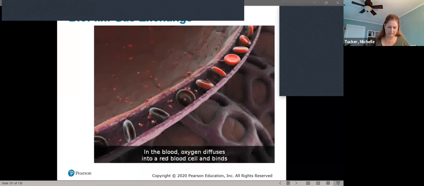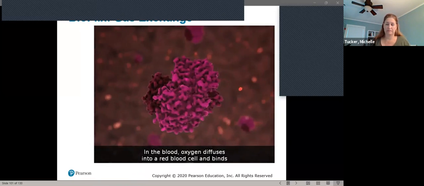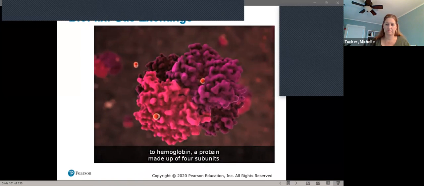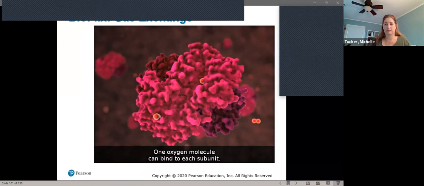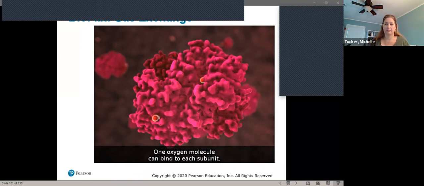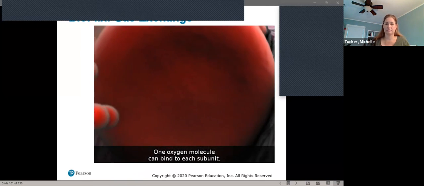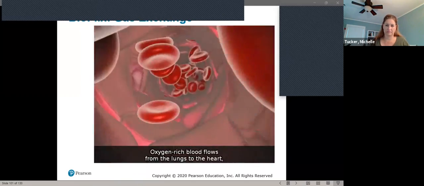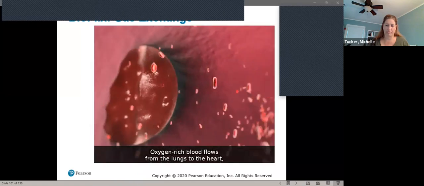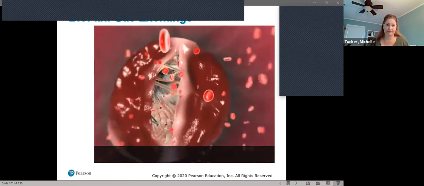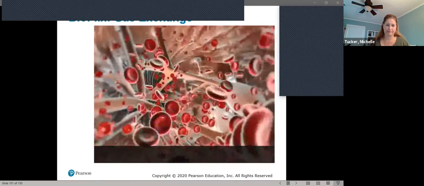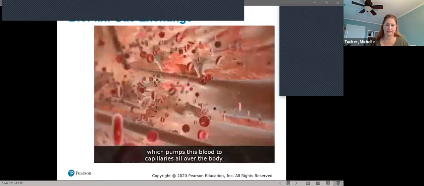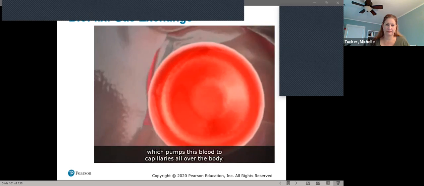In the blood, oxygen diffuses into a red blood cell and binds to hemoglobin, a protein made up of 4 subunits. 1 oxygen molecule can bind to each subunit. Oxygen-rich blood flows from the lungs to the heart, which pumps this blood to capillaries all over the body.